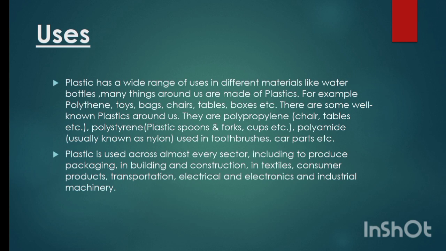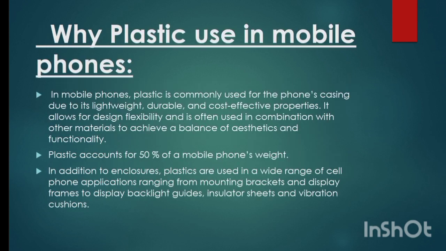Polyamide, usually known as nylon, is used in toothbrushes and car parts, etc. Plastic is used across almost every sector, including packaging, building and construction, textile, consumer products, transportation, electrical and electronics, and industrial machinery.